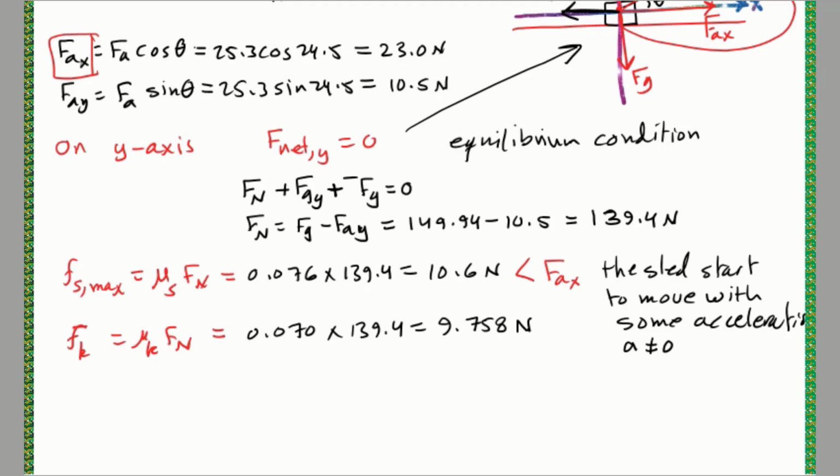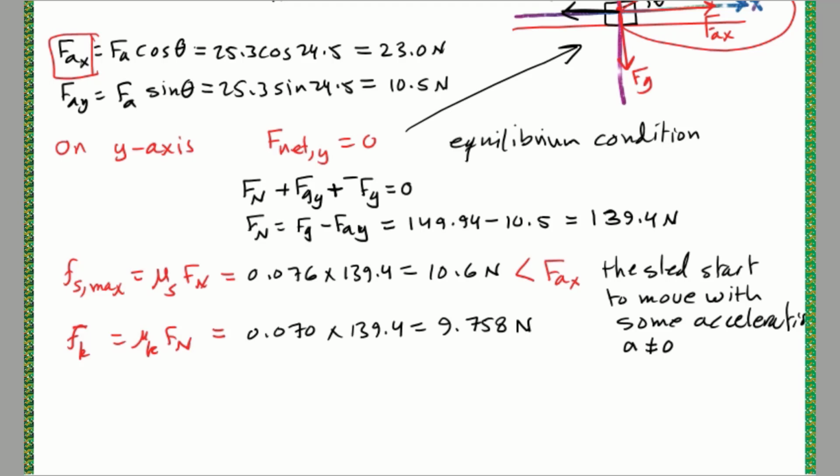This is a very important step in solving such questions. Before proceeding with the question, compare Fs maximum with the motive force Fax. If it is less than that, there will be a motion and there will be an acceleration.